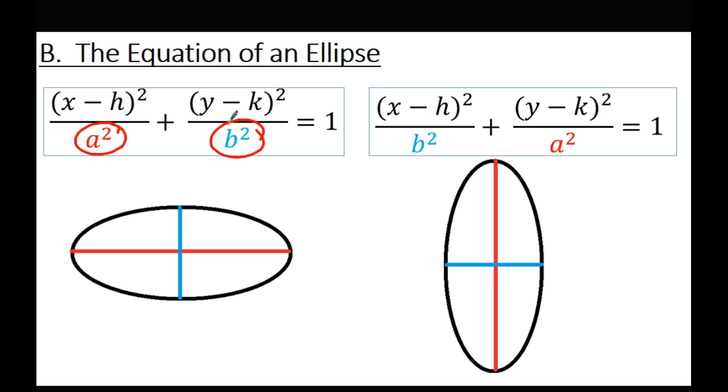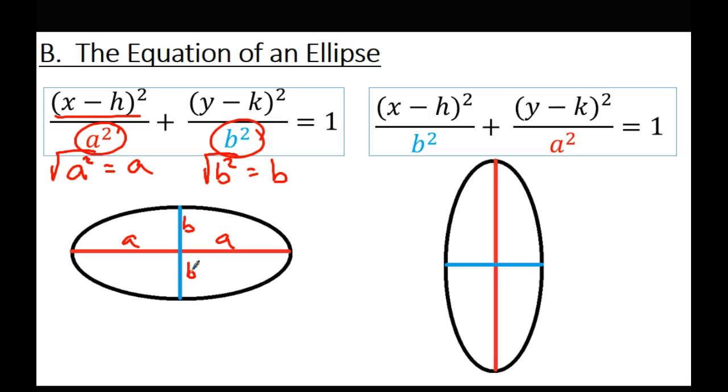So if you took the square root of a squared, you'd get a. And that tells you the radius for the x value, how far to the right and left you go. Whereas this number here, if you took the square root of that, you get b, and that tells you how far to go up and down, kind of like your y radius.